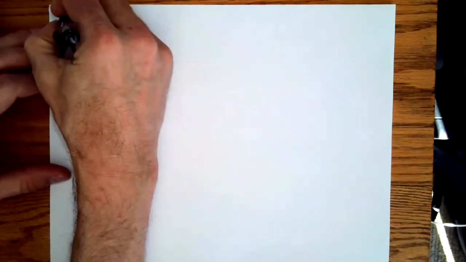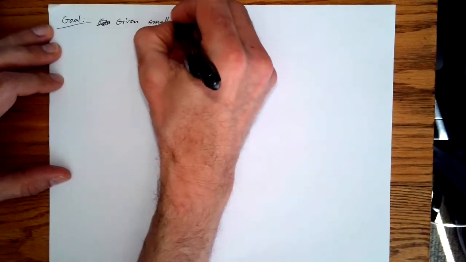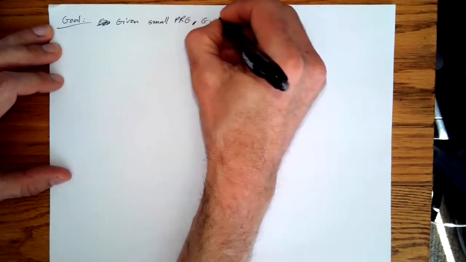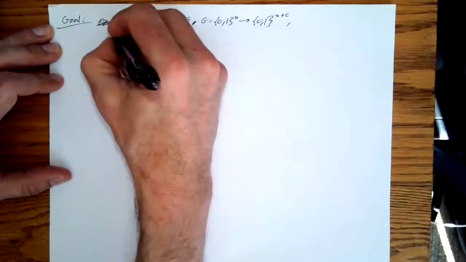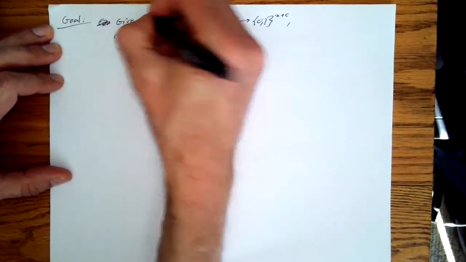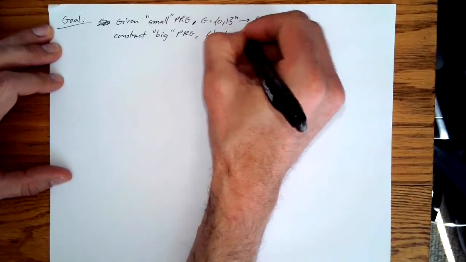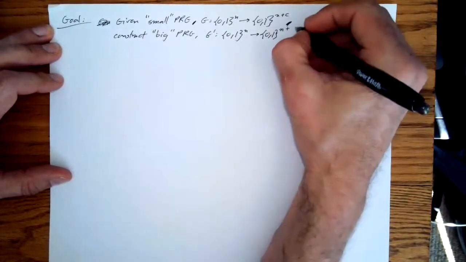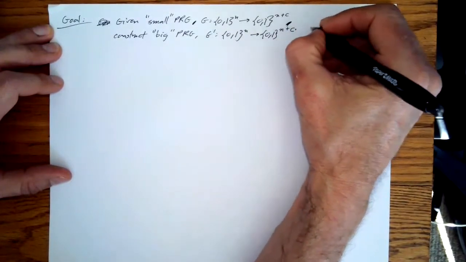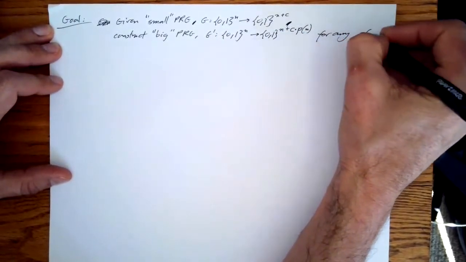Okay, so what's our goal again? Given a small PRG, G, which takes n bits and outputs n plus c bits, construct a big PRG, G prime, which takes n and outputs C times P of n for any polynomial.